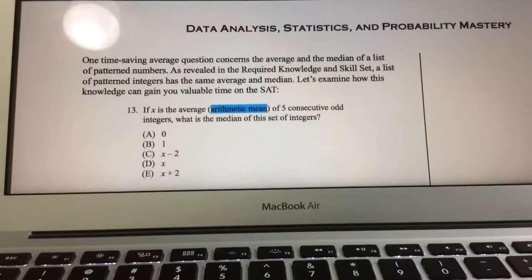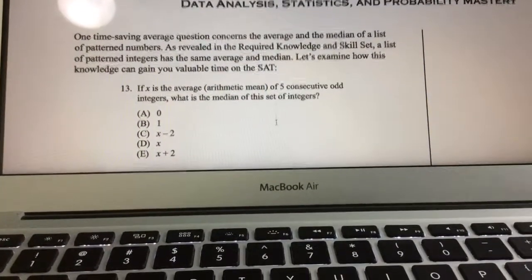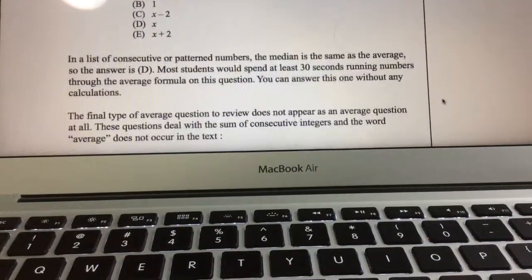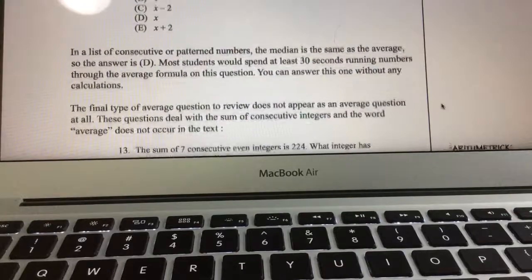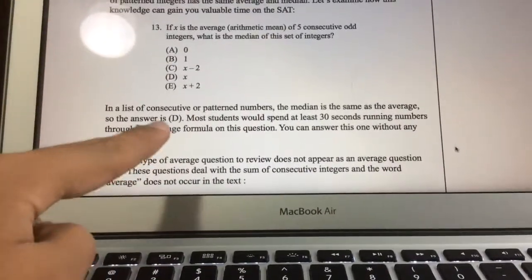So the median, you guys already know, is the number that is in the middle. Let's look at the whole answer so I can give you a wide explanation of it. Here it says the answer is D.